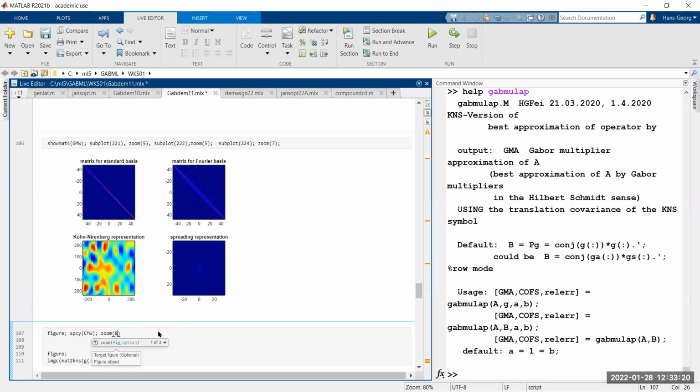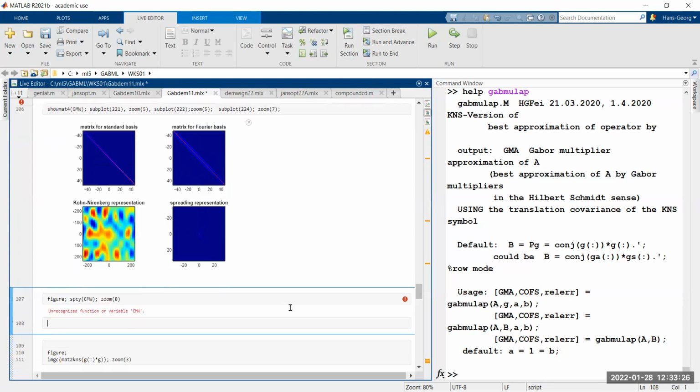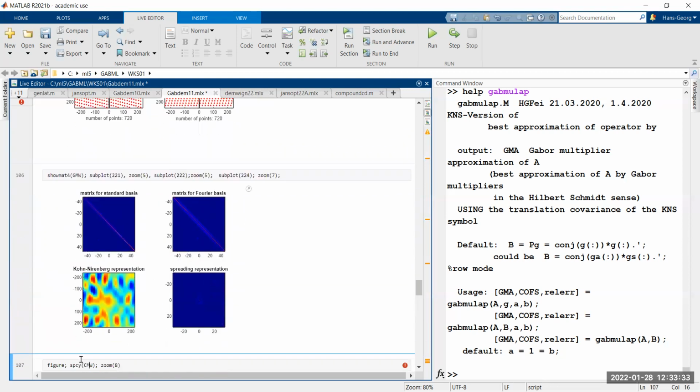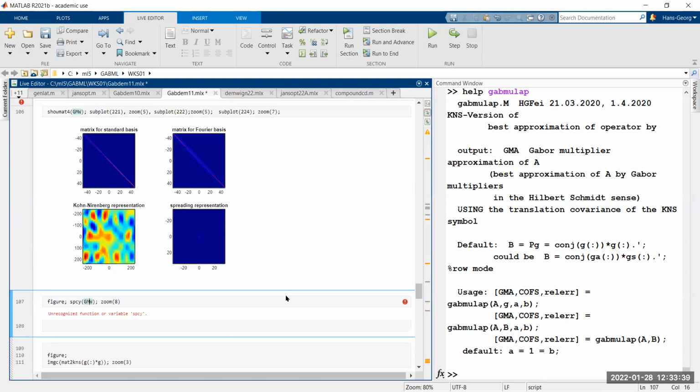Maybe a little more. And what was the G? Not C, but G. Gabor multiplier with weight W. And then you will see it's very concentrated. Oh, I'm too sloppy now. It's very concentrated near the origin.